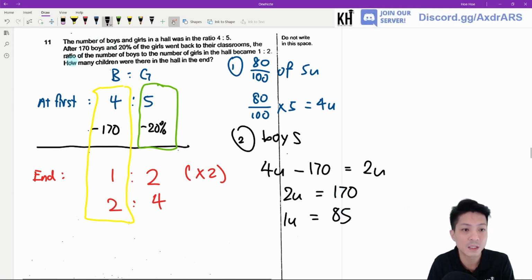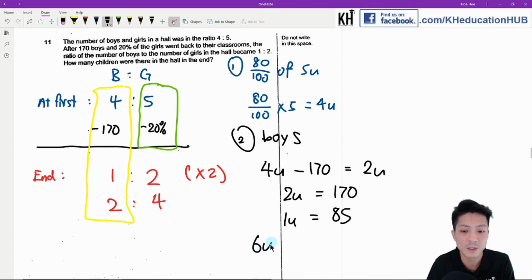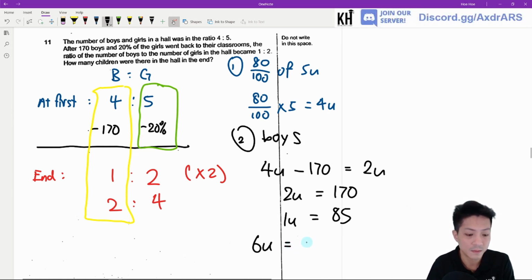Okay, the question is asking me to find how many children were there in the hall. Okay, in the end there is 6 units, right? So 6 units will be 85 times 6, which is 510.